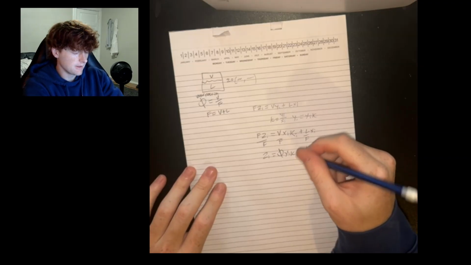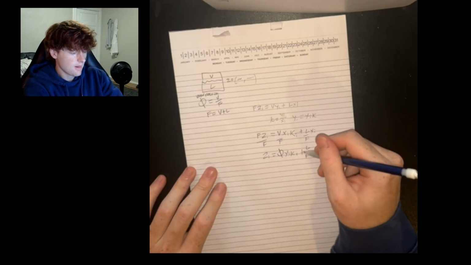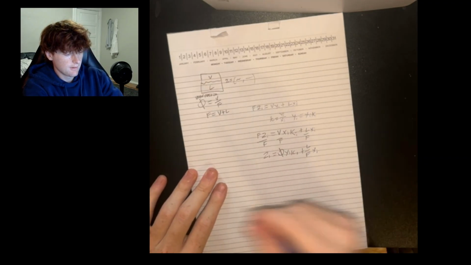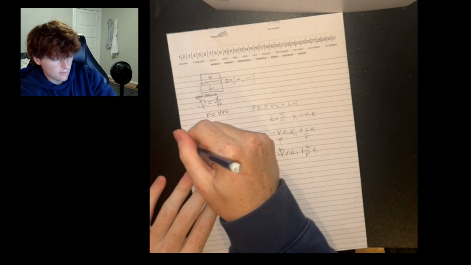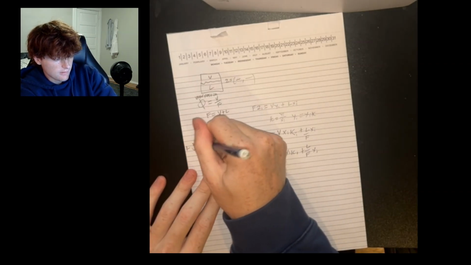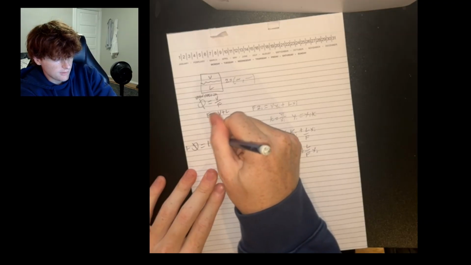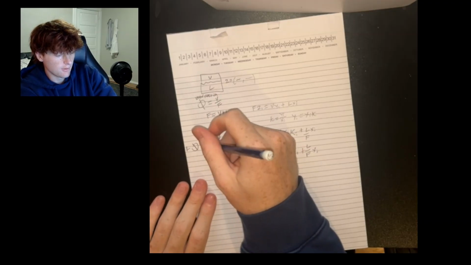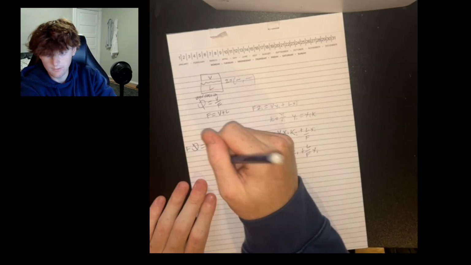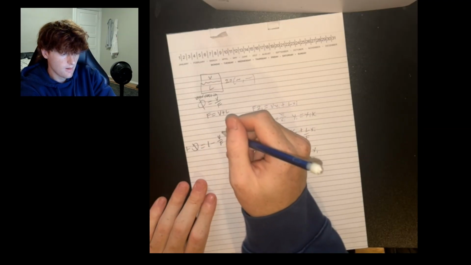So the problem is we kind of need this all in terms of phi, so we need this L over F out of here, and a way to do that is to just take 1 minus phi is equal to 1 minus V over F. And so 1 is basically F over F. That's going to give you an answer of 1.